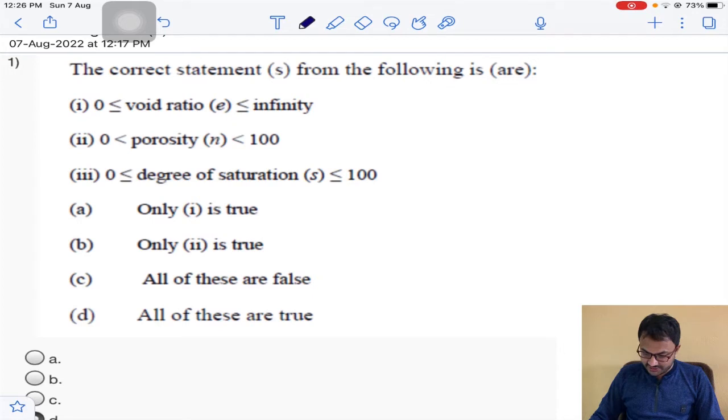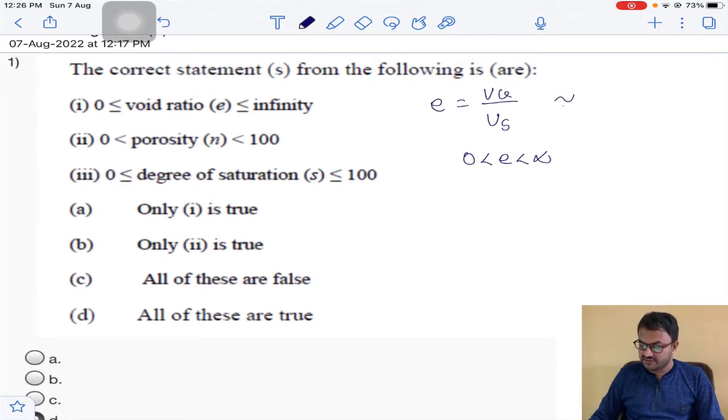We know void ratio e is equal to volume of voids divided by volume of solids. The limits for this are 0 less than e less than infinity, because it cannot be less than 0 and it should not be equal to 0.